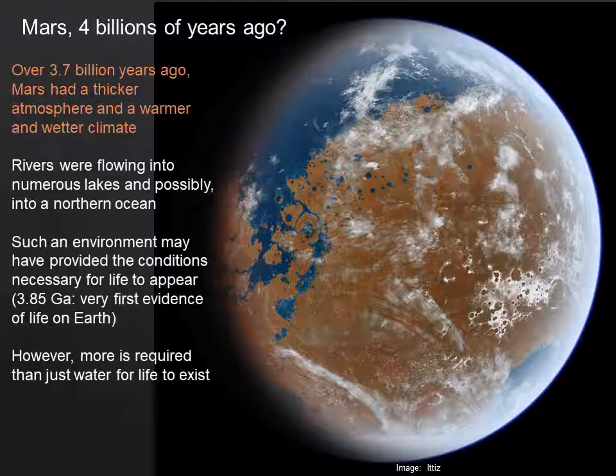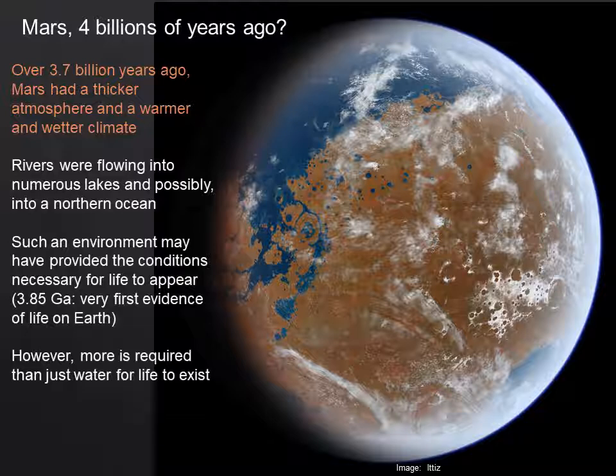And such an environment may have provided the conditions that were necessary for life to appear. What's also interesting to note is that the oldest evidence for life that we found on Earth is dated to 3.8 billion years old. So life on Mars, if it has emerged, may have appeared pretty much at the same time as life appeared on Earth.